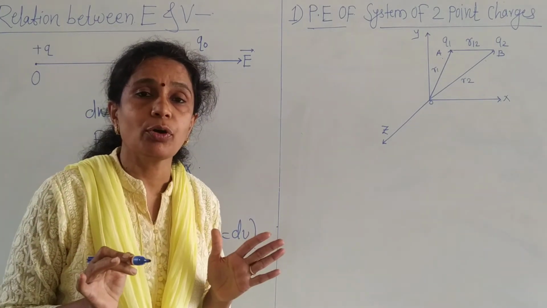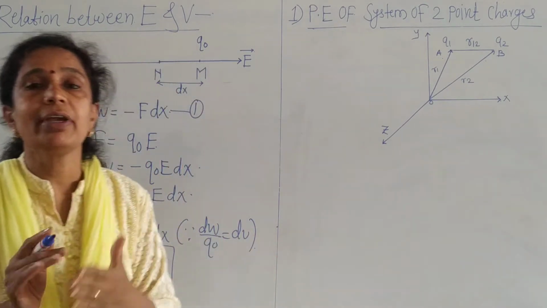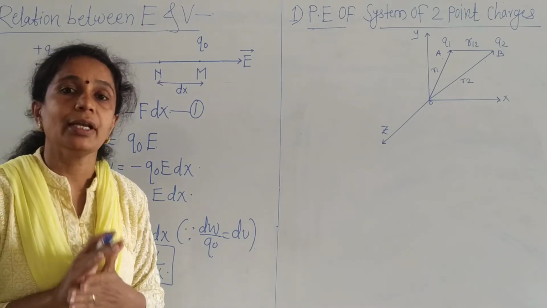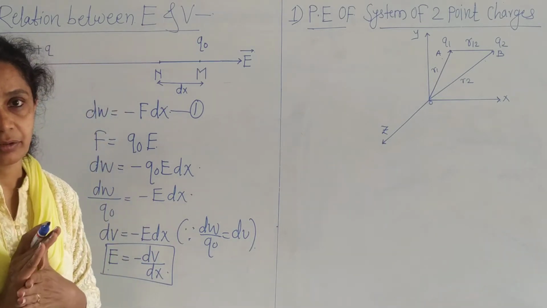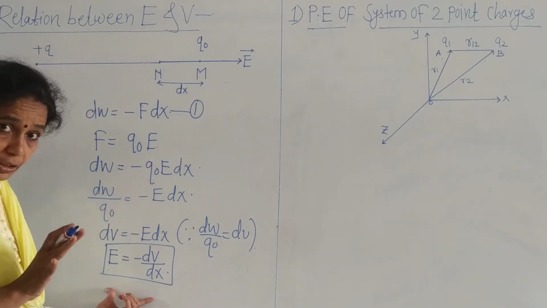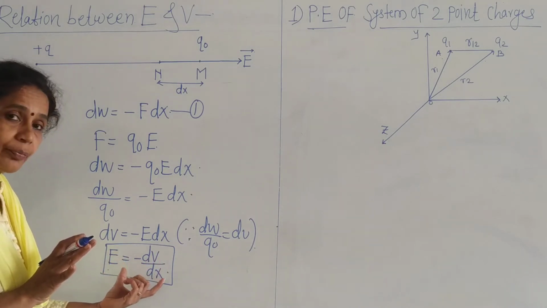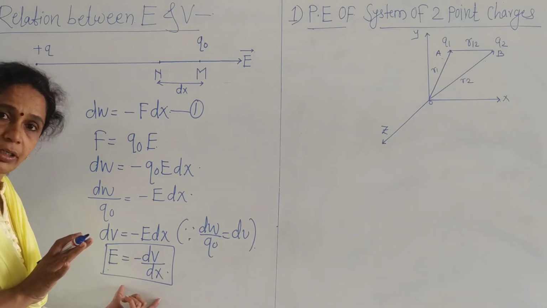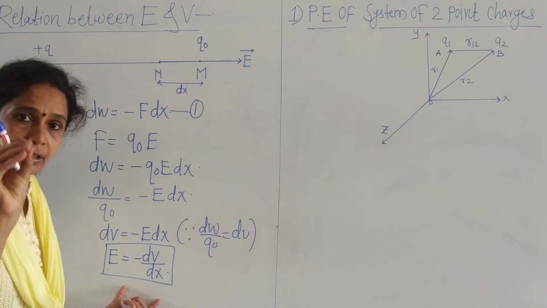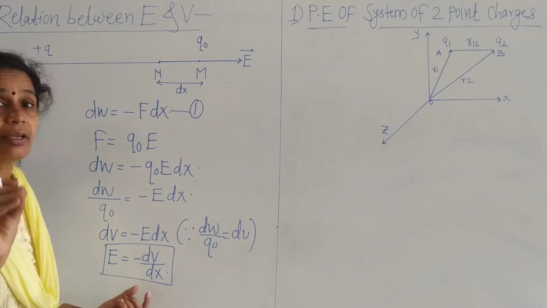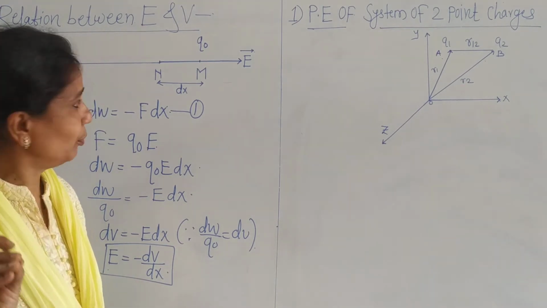This term dV upon dx is called the potential gradient. Therefore, this is the important relation: E is equal to minus dV upon dx. This equation shows the relation between electric field and electric potential.